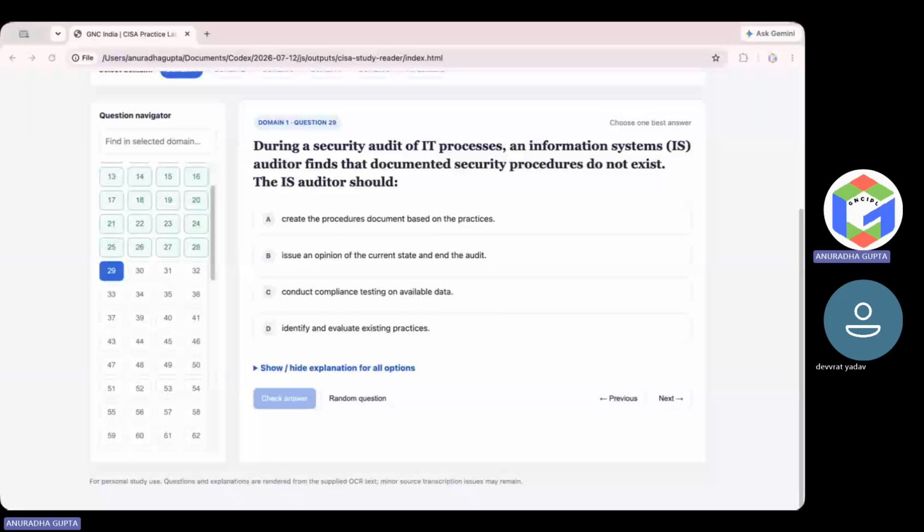I'm saying that if you come under a situation where you need to identify and you are not clear between two options, try to eliminate and search for any key term.